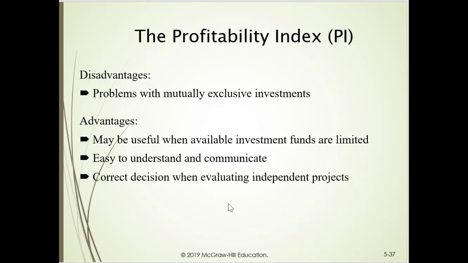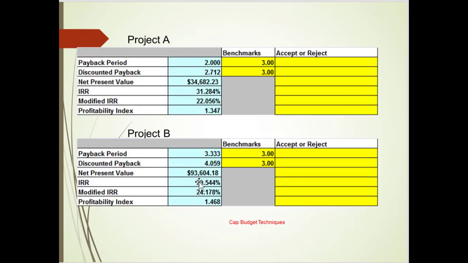It's certainly easy to understand. And for independent projects, just as with net present value and internal rate of return, it does give us the right decision. And as you see here, it has switched back to Project B, saying that Project B has a higher profitability index. So Project B is the better of the two projects.